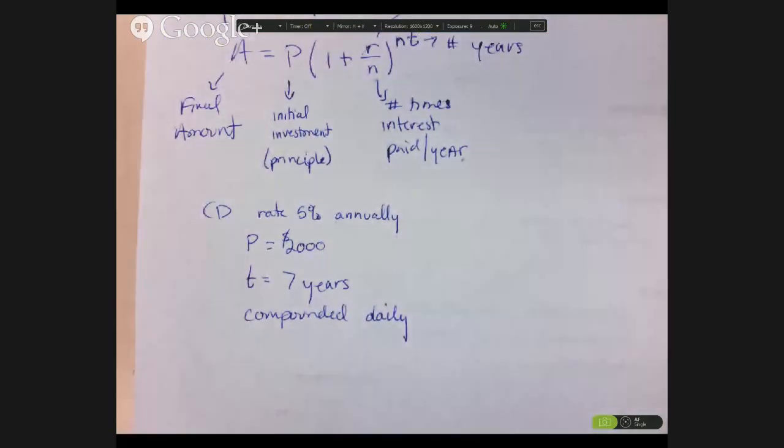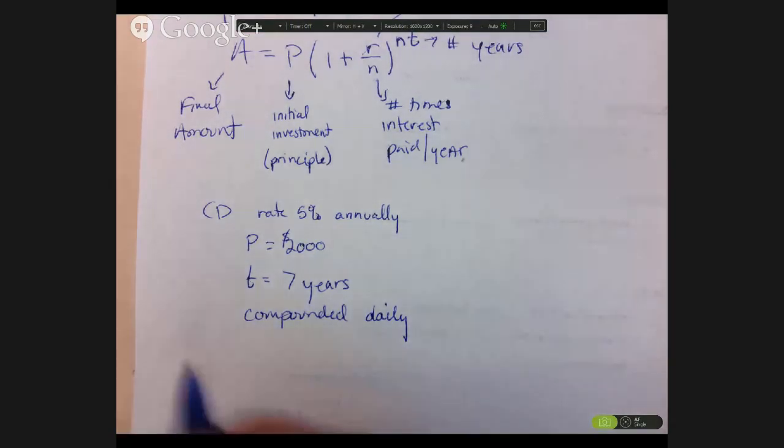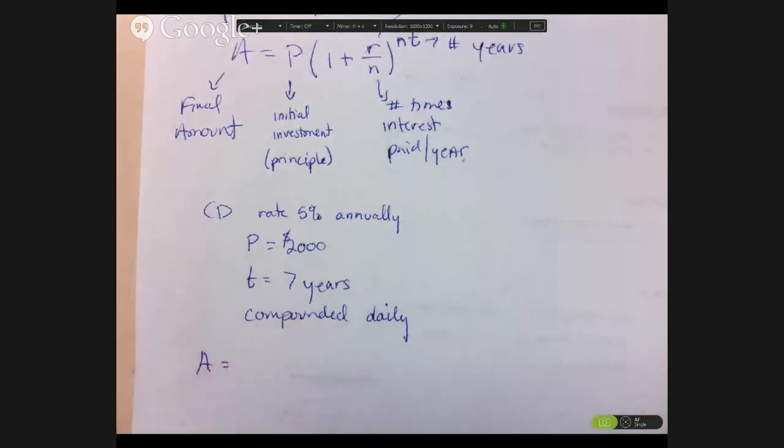The more frequently the interest is calculated, the better, especially if you continue to add money to a bank account. But this is just going to be a static amount for 7 years, principal, with the interest on top. So what does the formula look like? How much money do we have at the end of 7 years?